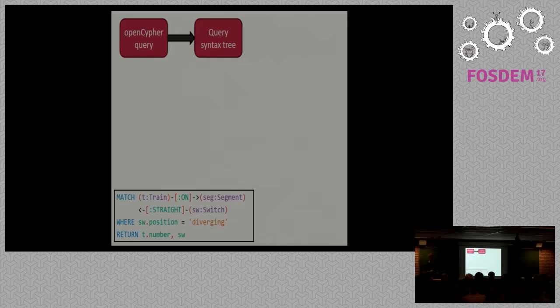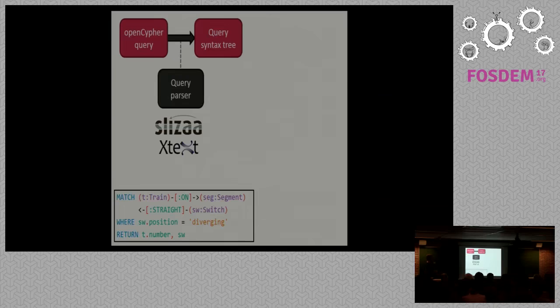So we kept looking, and eventually found something called the Slizaa software architecture workbench, which implemented the openCypher language in Xtext. Now, Xtext is an Eclipse project based on top of ANTLR, and it provides a really nice and high-level way of accessing the parse tree that's built from the query specification.